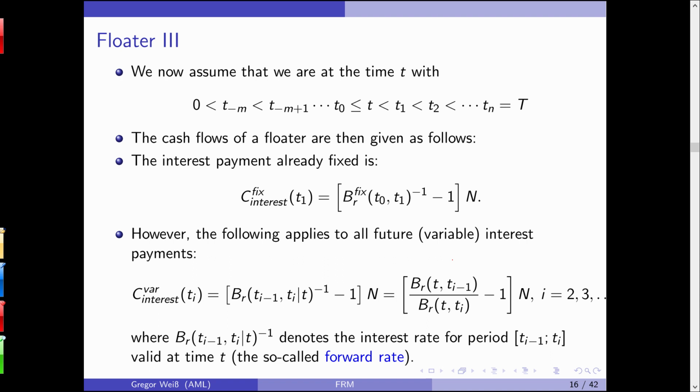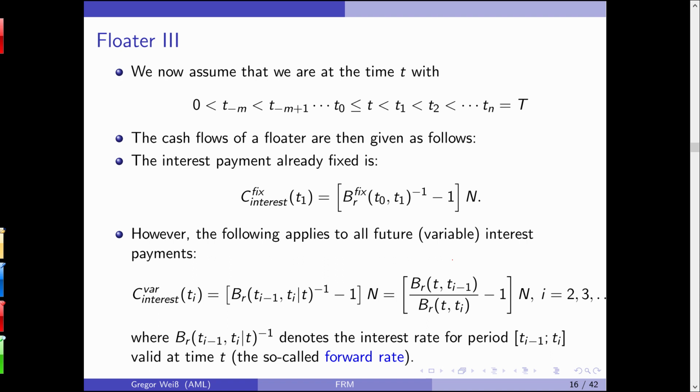We can differentiate between two types of interest rates. The first one is the spot rate. The price for €1 today for a certain period of time. And the forward rate is an interest rate that is being fixed today, but for giving credit from t minus i up until t in the future.